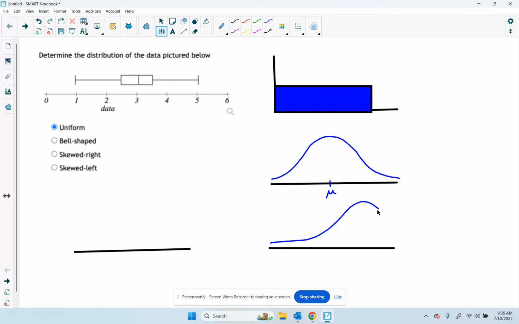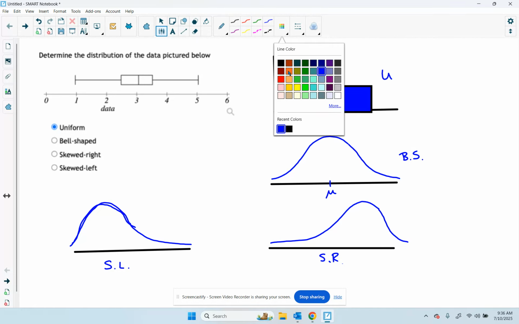Like the mound is to the right. This is actually skewed left. And skewed right would look like this. So it's like opposite. Okay, so this is skewed left, this is skewed right, this is bell shape, and this is uniform.